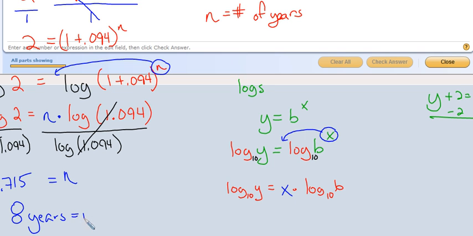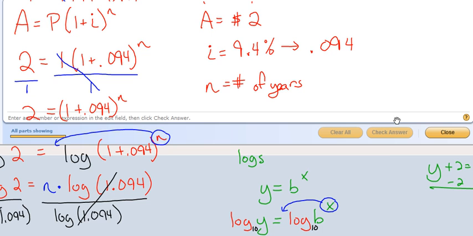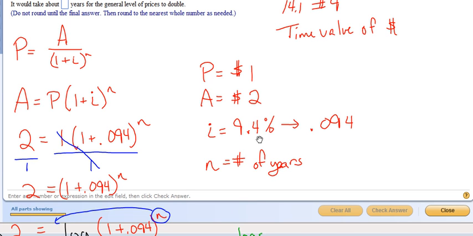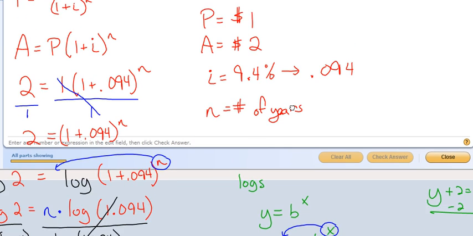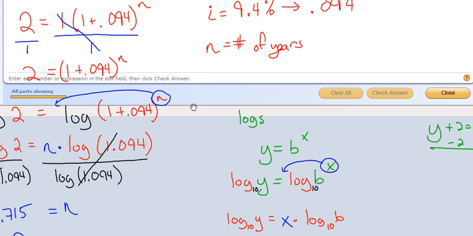It's going to take us about 8 years with this percentage rate. Okay, so let's go back up there. We're using a percentage rate of 9.4%. It'll take us about 8 years to double our investment, based upon our annual inflation. Okay, so that's using logarithms to solve an exponential function, to solve for that variable when it's in the exponent.